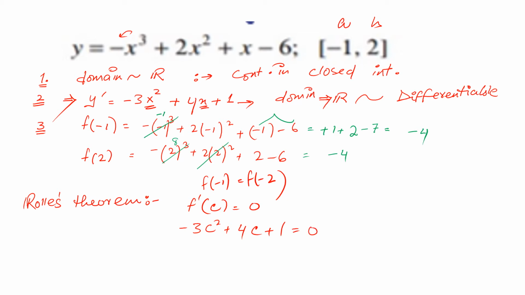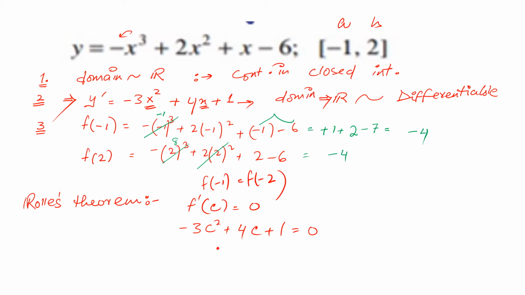Now you can factor them. If you are using a scientific calculator, you can go to mode 5.3, and if you are using a graphic calculator, you go to menu, equation, F2 and F1, and from there you will get the two values.